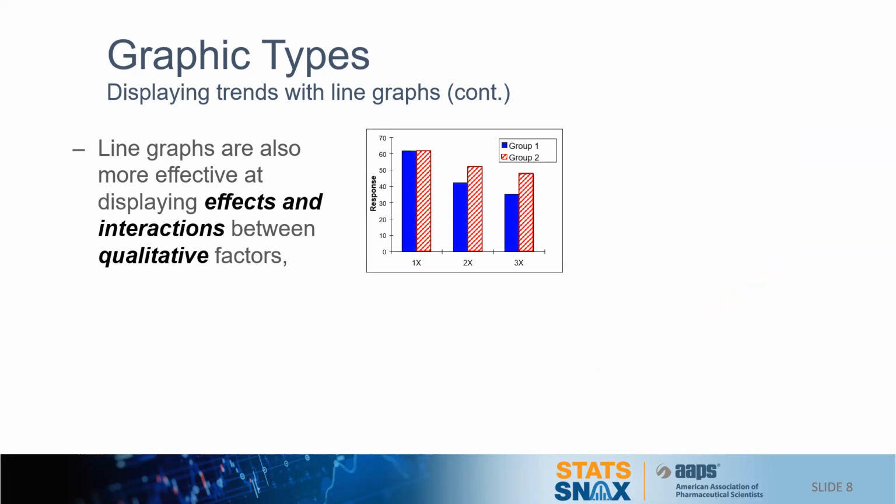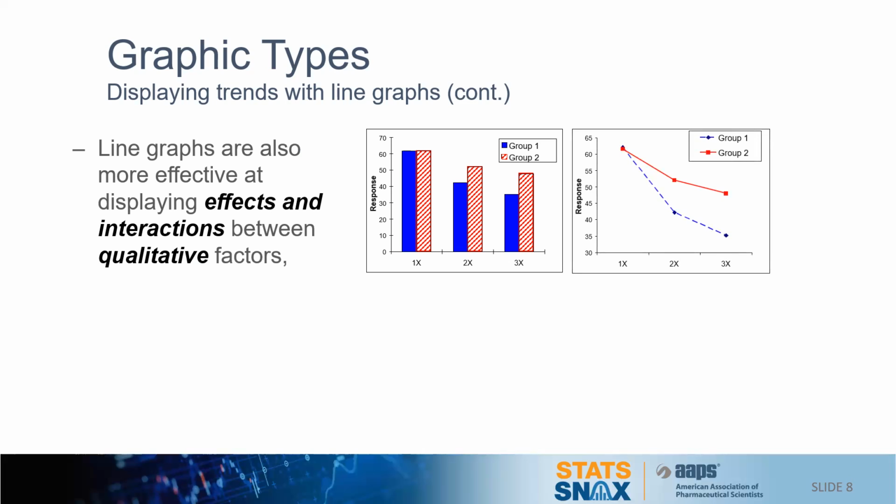So looking at this particular graph, we have two groups, which are bars in a bar chart, for factors called 1x, 2x, and 3x, which may be nominal or ordinal, as it might seem in this case. Now, we can make conclusions from this particular graph, but the conclusions can be made more effectively, and the eye is not distracted by the full fill of the bars, by doing a line graph instead.